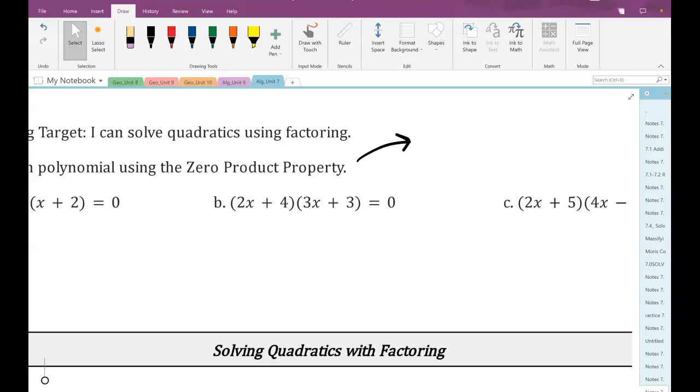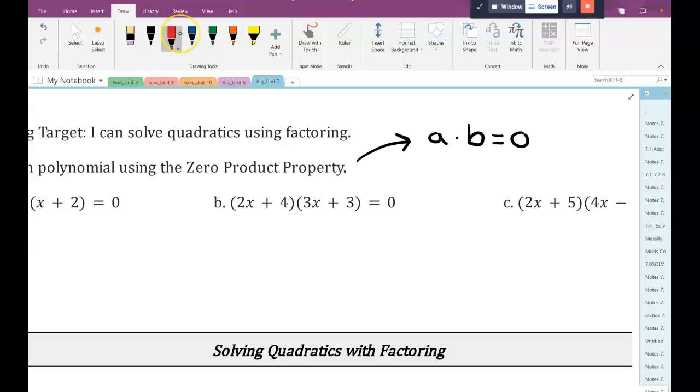So zero product property was if we said we had 2 numbers. We said, okay, let's use variables, A and B. If we multiply A and B together and it equals 0, we can make a conclusion.